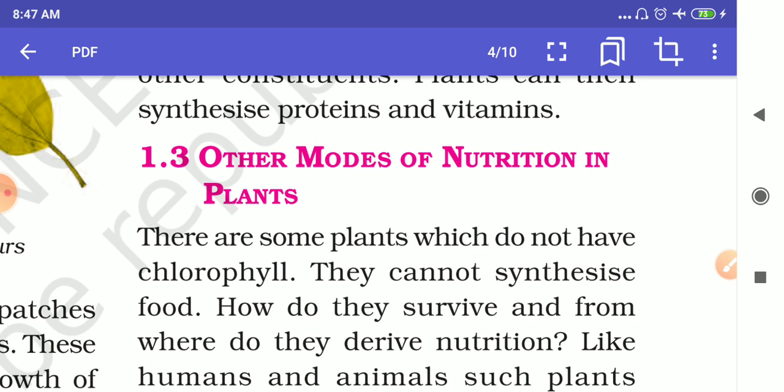Such type of nutrition is called heterotrophic mode of nutrition, and such plants are called heterotrophic plants.